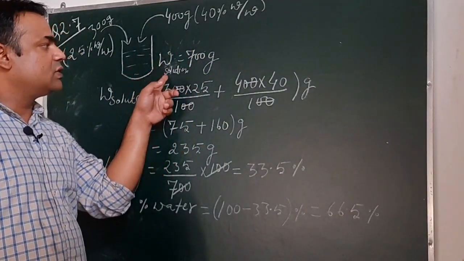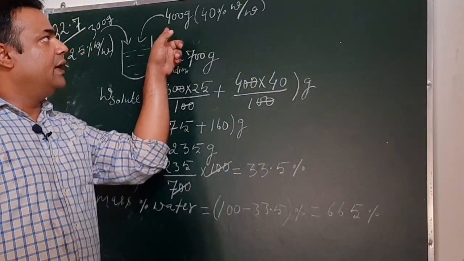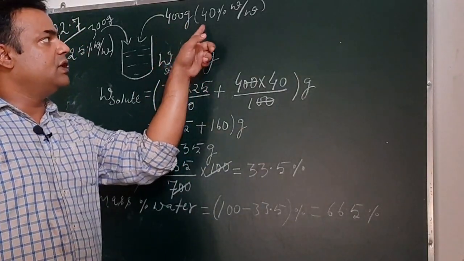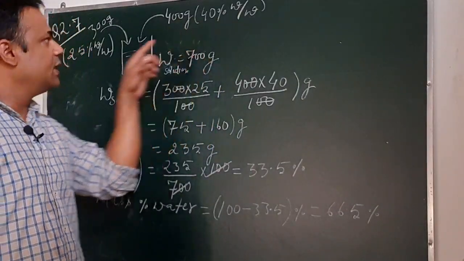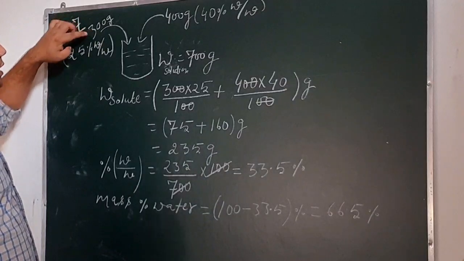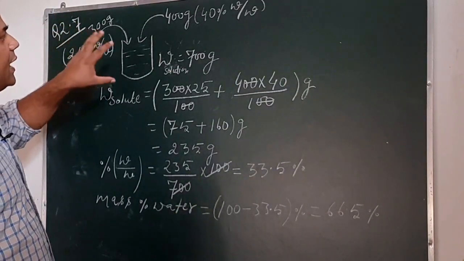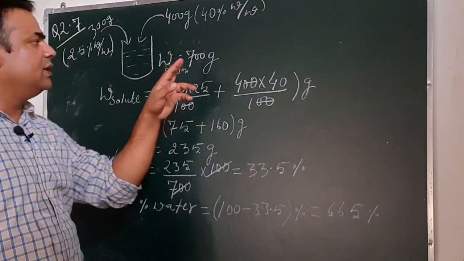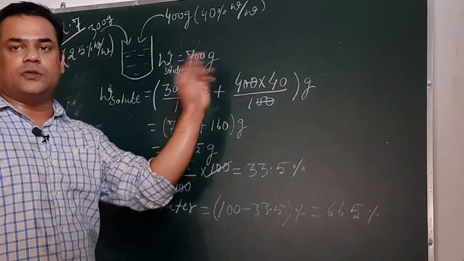So the total mass of solution will become 700 gram. The strength of the 400 gram solution is 40% mass by mass, and the strength of the 300 gram solution is 25% mass by mass. Then we have to calculate the new percentage mass by mass strength of this solution.